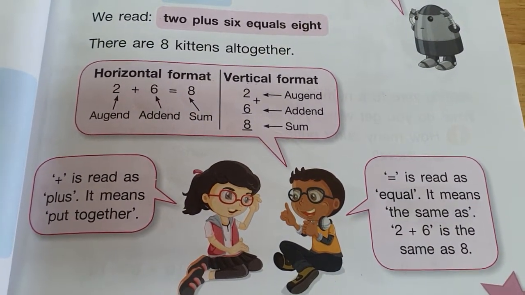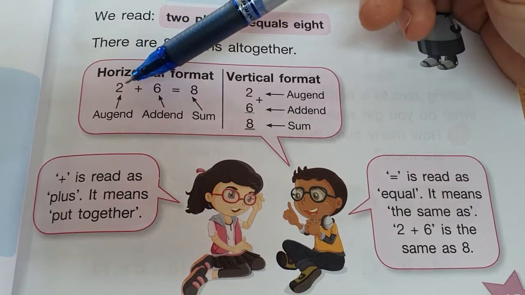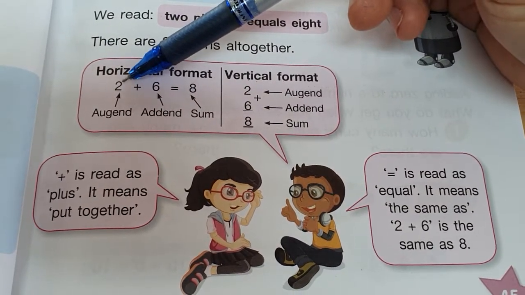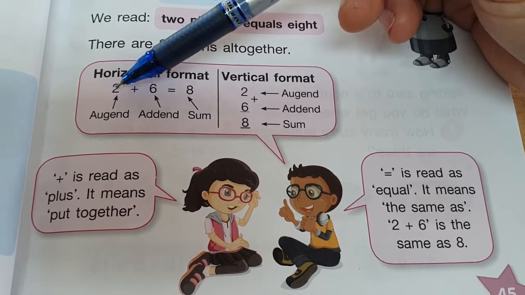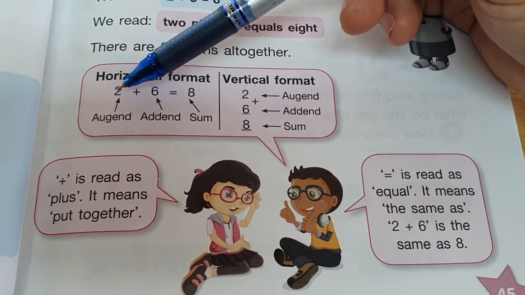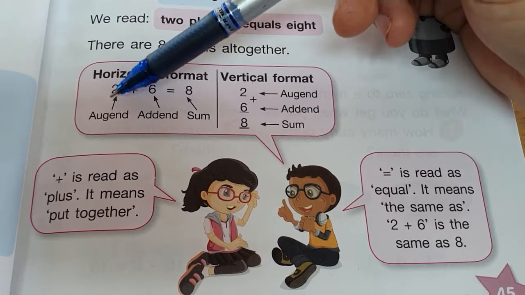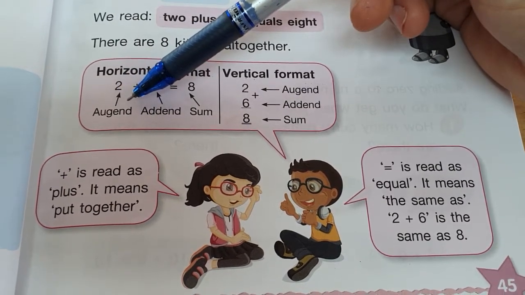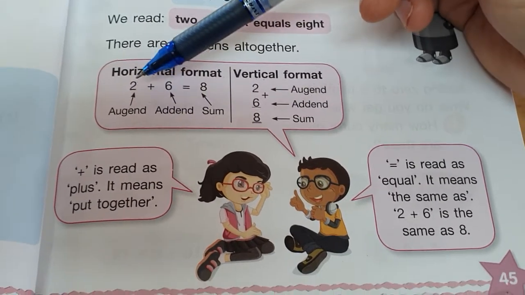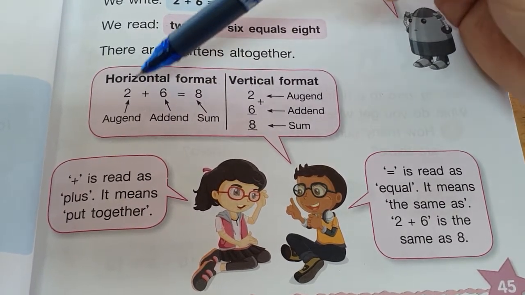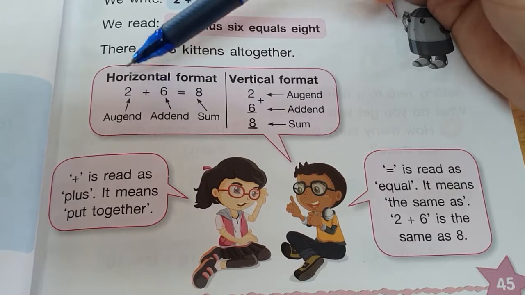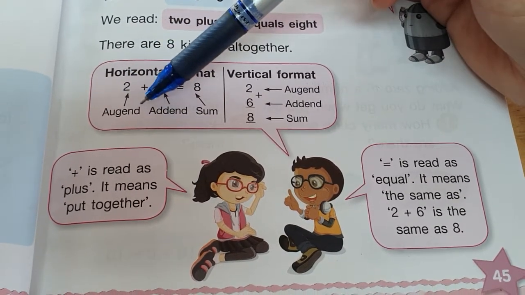Okay, so the first number, if it's 20 or 300 or 5,000 or 10 million, the first number is called augend. And augend means the number that you start with. The number that you start with is called augend.